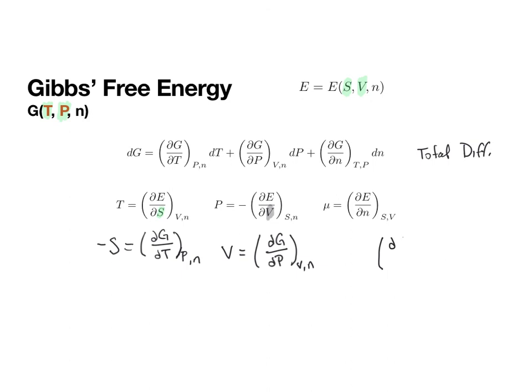And then the partial of G with respect to N, at constant T and P, is still going to be equal to mu because we haven't changed any of our variables. And so dG is going to be equal to minus S dT plus V dP plus mu dN.